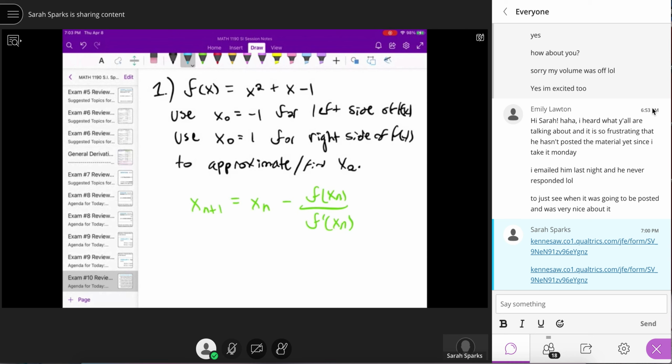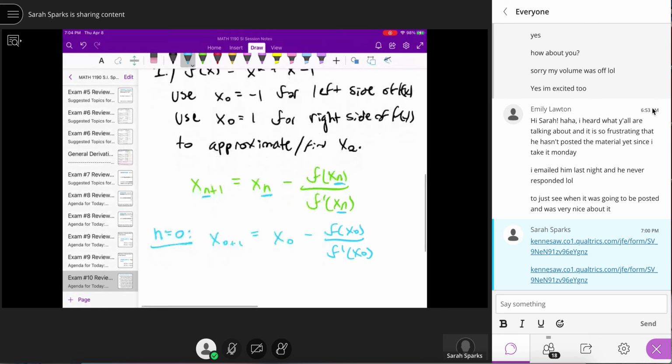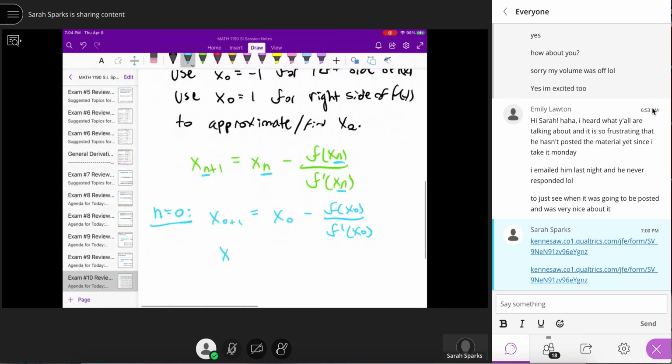So let's start with n equals 0. Wherever we see an n, we plug in 0. So we have x sub 0 plus 1 is equal to x0 minus f of x0 over f prime of x0, so x1 is equal to x0 minus f of x0 over f prime of x0.